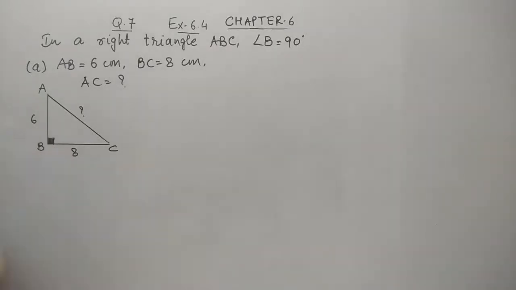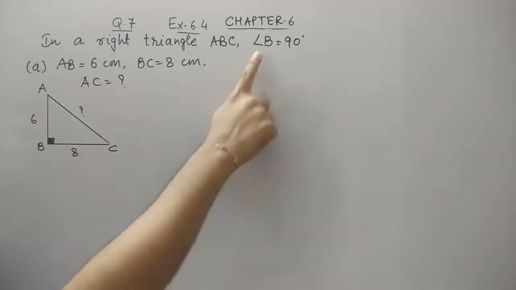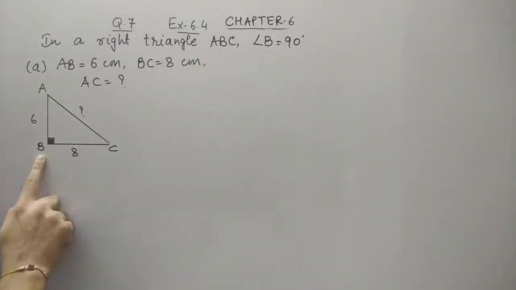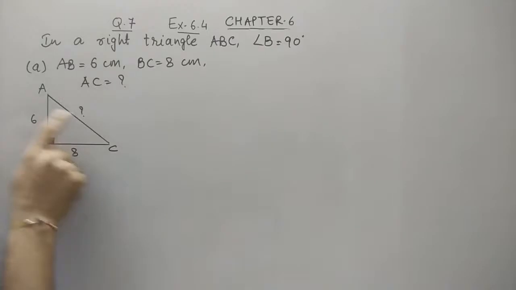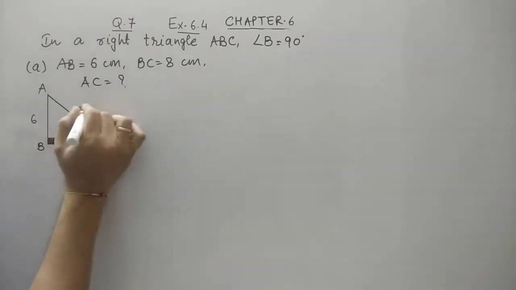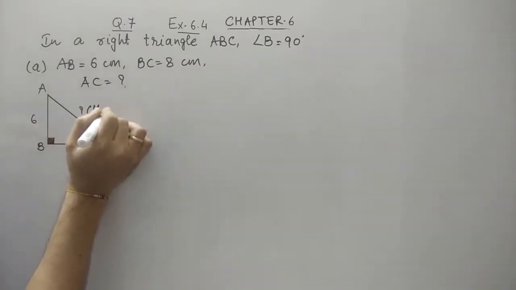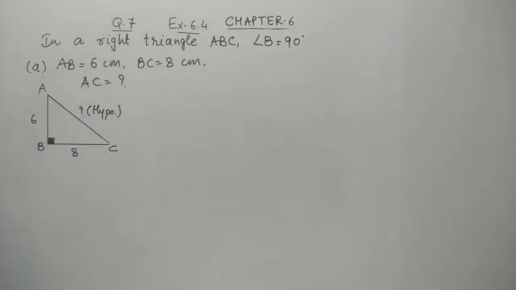So we are going to use the same here. First of all, we have to check which is the right angle, B. So the side opposite B, that is AC, we will call the hypotenuse.